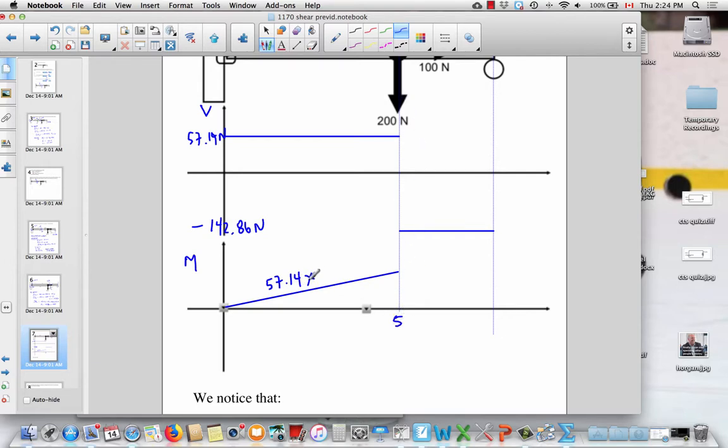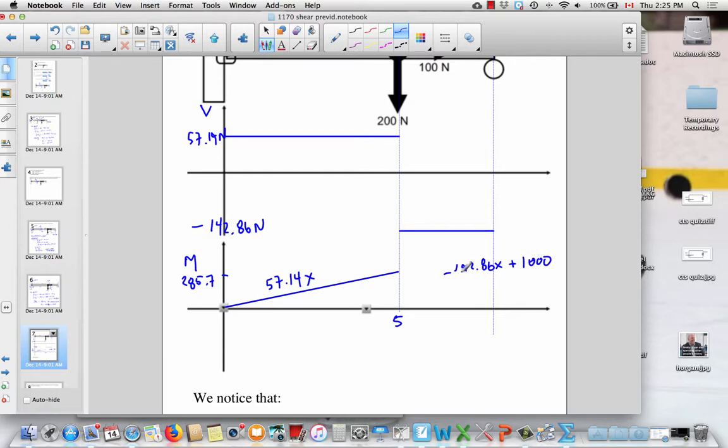So if you put 5 in for this equation, you find this value here is 285.7. Now, after that point, the bending moment decreased with x, and the equation was minus 142.86x plus 1,000.